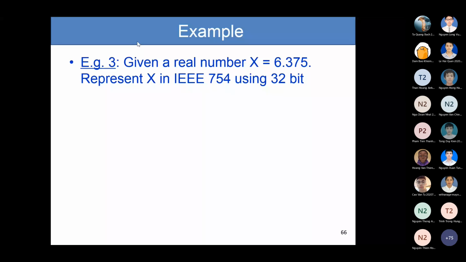And how can we find the representation? Okay, so the algorithm is as follows. First of all, we convert this number in the decimal system into the binary system, right?